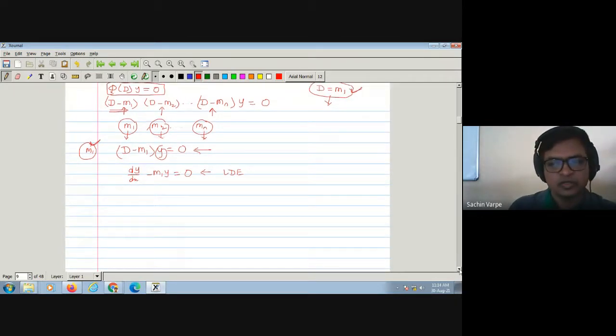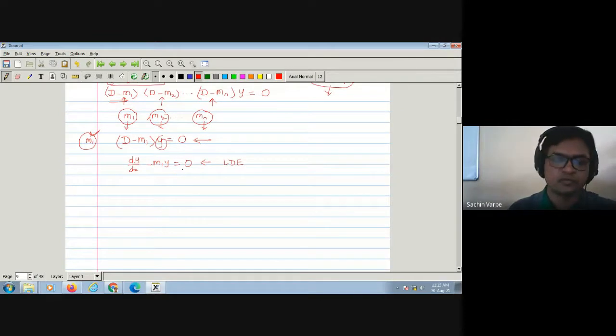And do you know the solution of this? Of course, you have solved questions in M2 on linear differential equations of first order first degree. What is its solution?